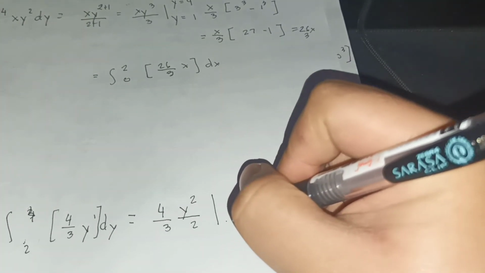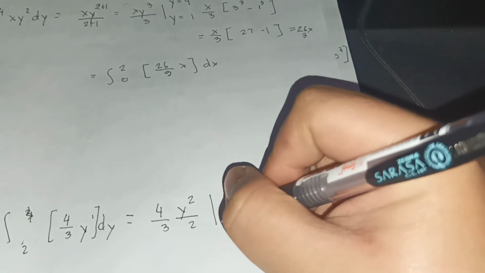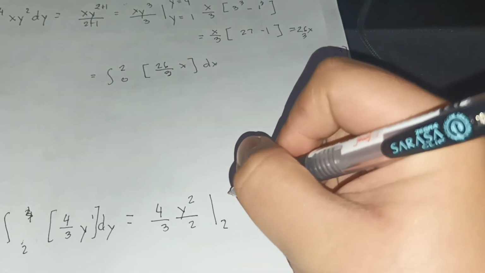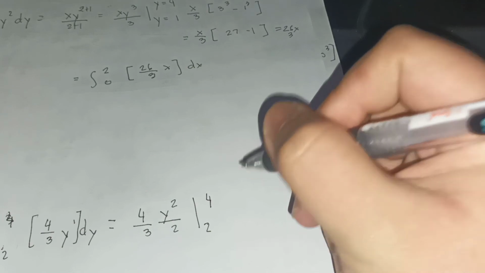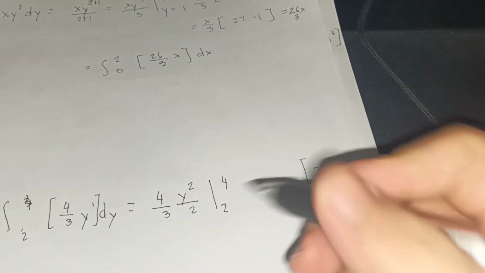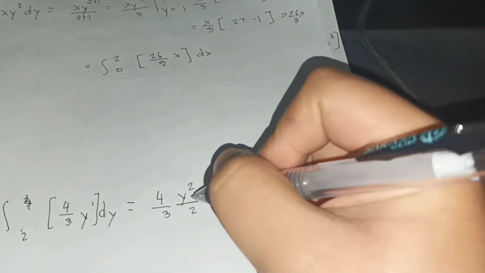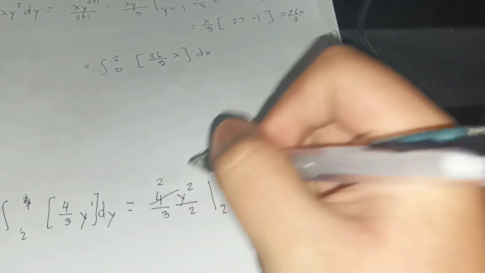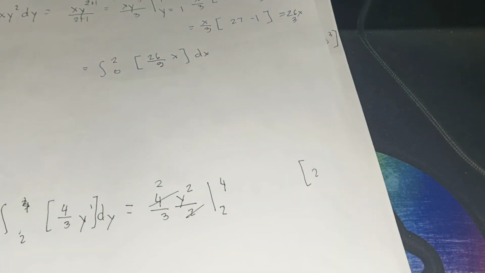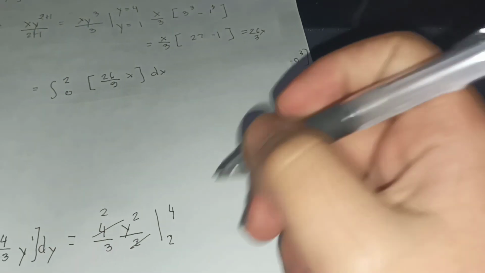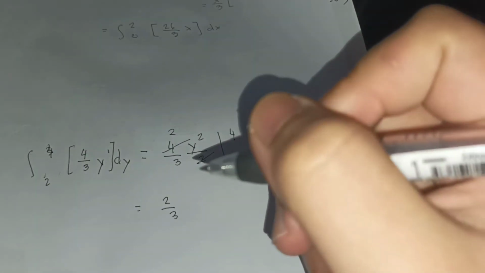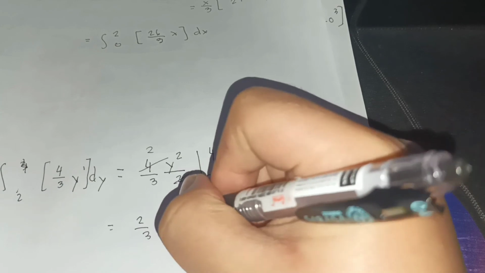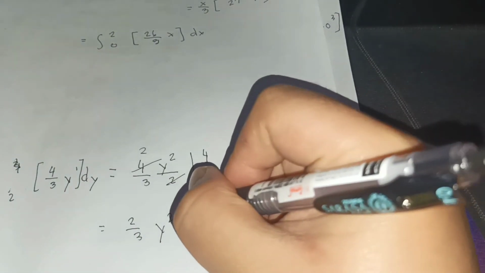And now with the evaluation of limits, which is 2 to 4, we can also divide 4 by 2, so it will become 2 here. 4 divided by 2. Just take them out. So let's continue here. We will place now equals to 2/3 y squared with a limit of 2 to 4.